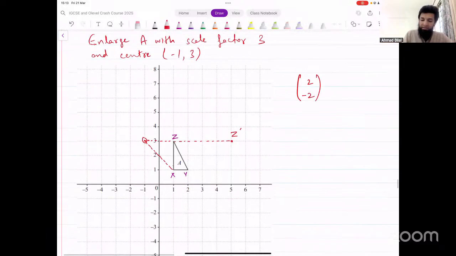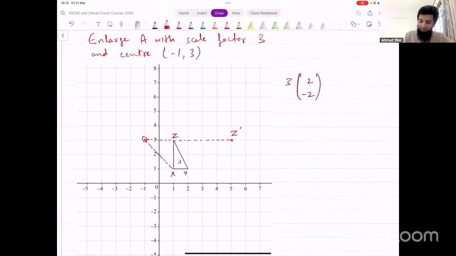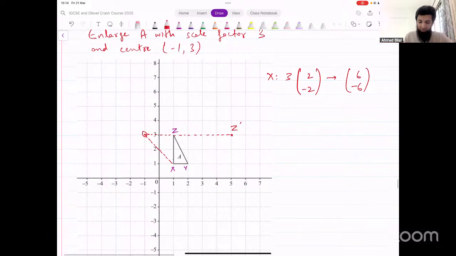And then the scale factor is 3, so you multiply this by 3, and that gives you 6 right and 6 down. So that is where the point X is going to be, 6 units right and then 6 units down. And that will take you to this point, 3 and -3. This is X prime, right? So you just multiply that by 3, you get to this point basically. All right. So that's X prime.